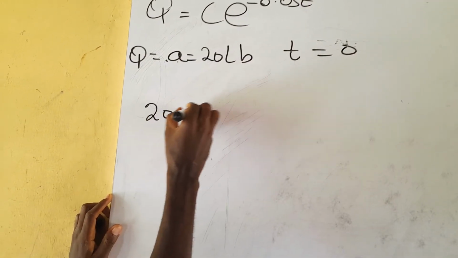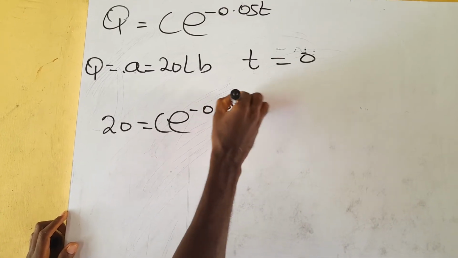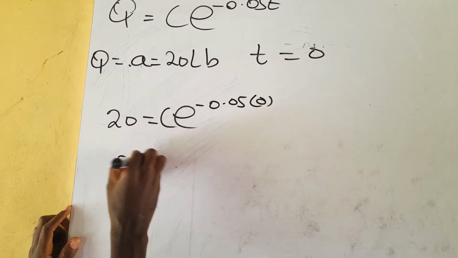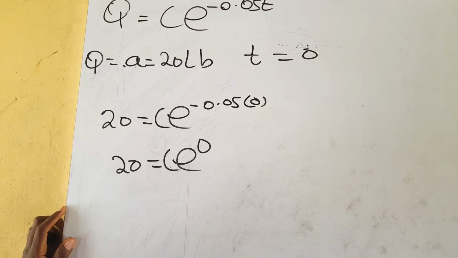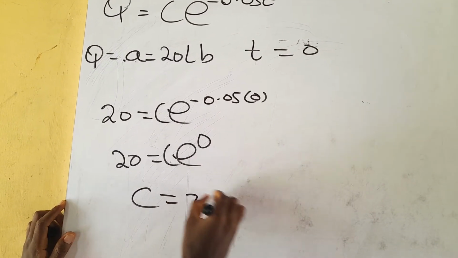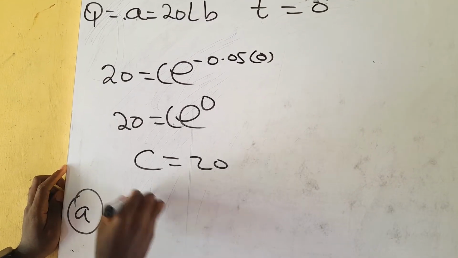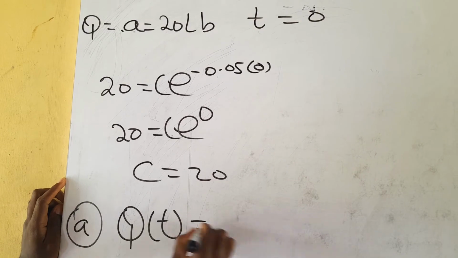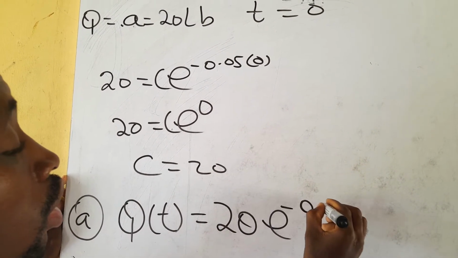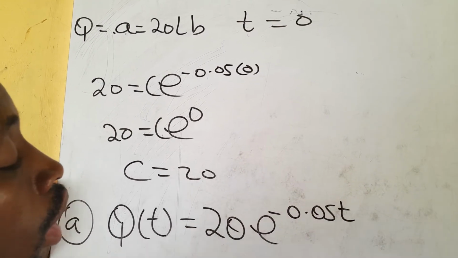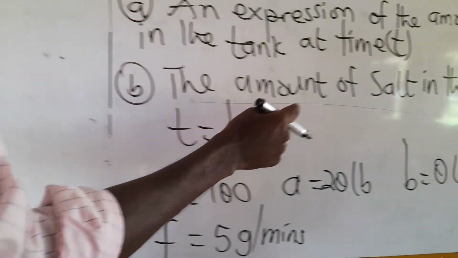So 20 will be equal to C e exponent negative 0.05 times 0. So 20 is equal to C times e exponent 0. E exponent 0 is 1, so C is equal to 20. Then for the first aspect of our question, we just substitute 20 to get that expression. So our Q at any point in time will be equal to 20 e exponent negative 0.05t.